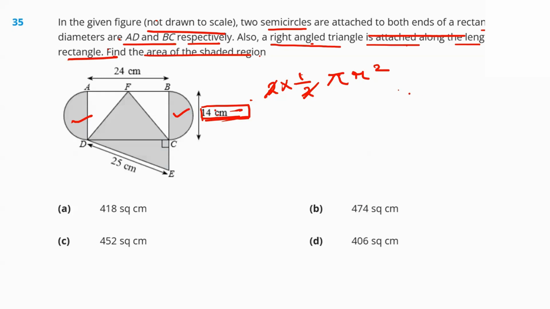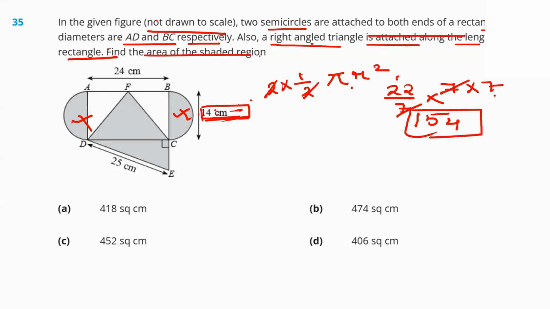So we'll proceed with pi r square. Pi means 22 by 7. R, if diameter is 14, radius is half of it. That means 7 into 7. So the area for these two parts is 22 into 7. 22 into 7 amounts to how much? 154. Okay, this is our first part.